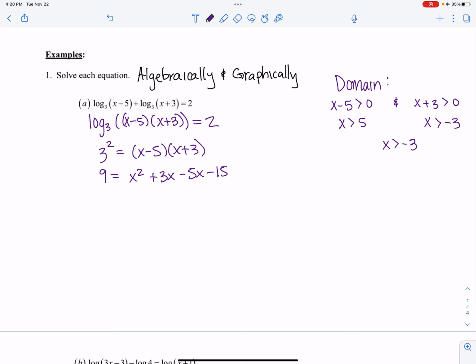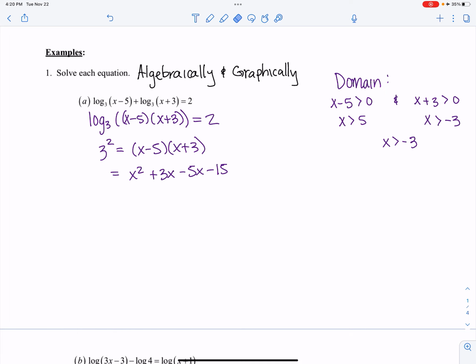This is now all the way back to algebra class where we are solving for an x and we're probably going to factor. So let me move this 9 over. And we get something that looks like this. We've got x squared minus 2x minus 24 equals 0. I can factor.